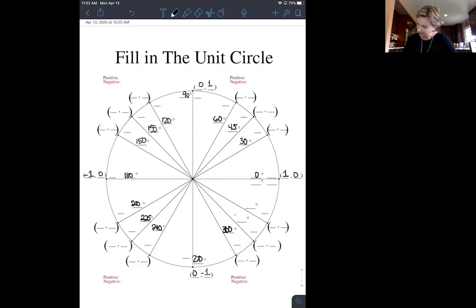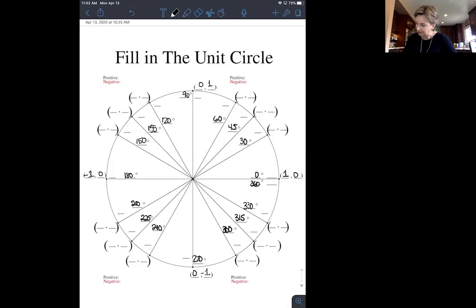Okay, 315 degrees, and then add 15 to that, 330 degrees. And then we're back around to 360 degrees.